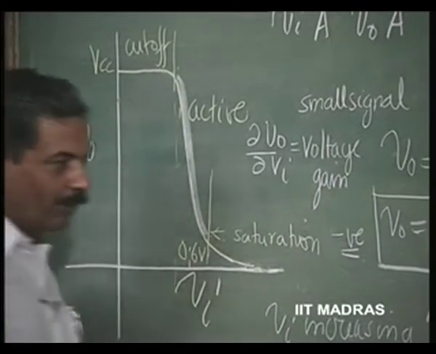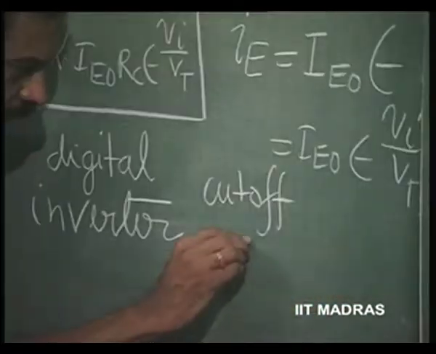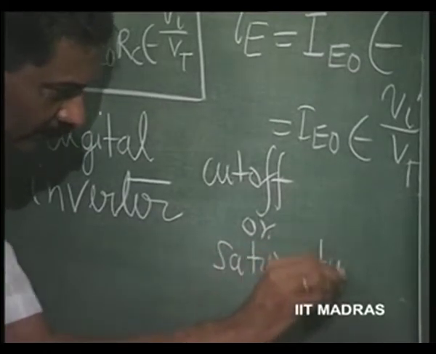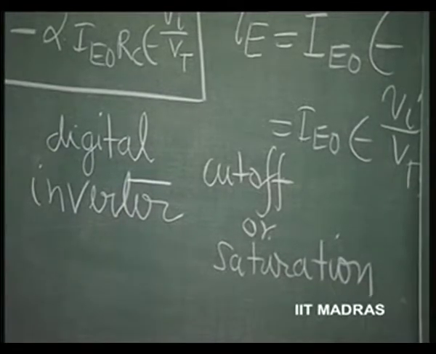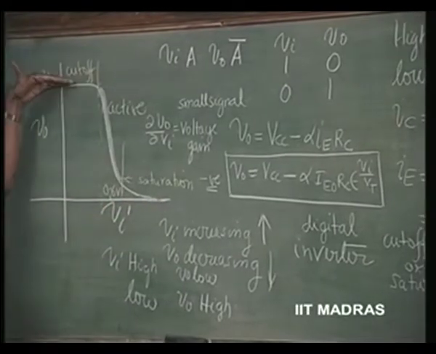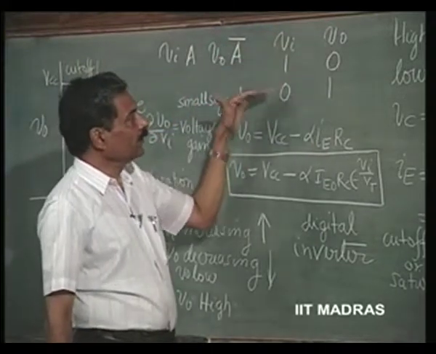So operation is in the cutoff or saturation region. Then it is called a digital inverter. If the input is high, output is low. If the input is low, output is high. If Vi is 1, V naught is 0, and if Vi is 0, V naught is 1.